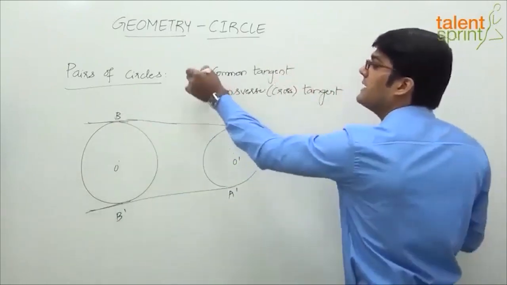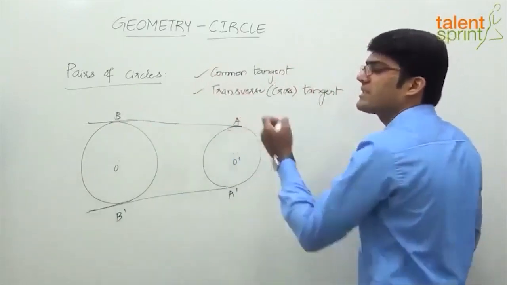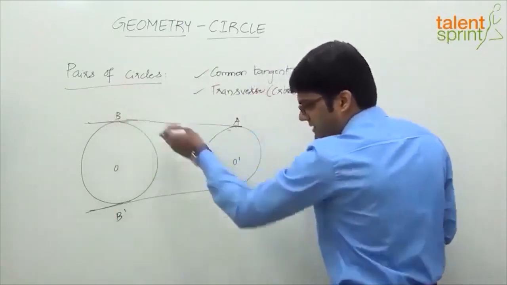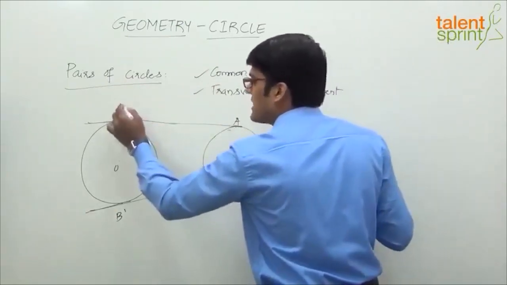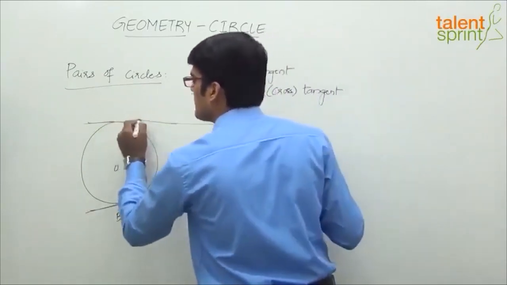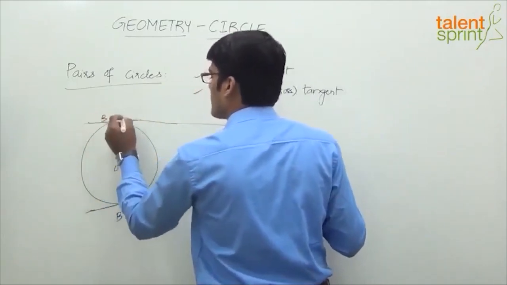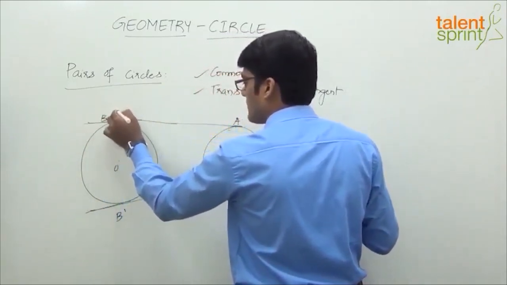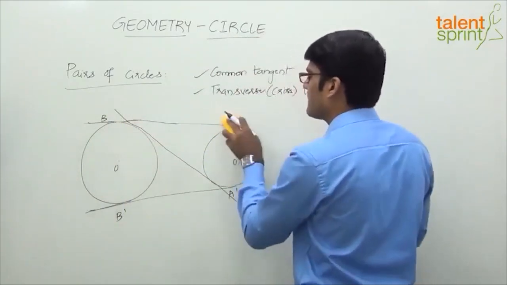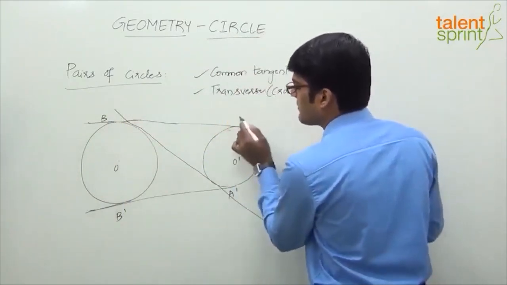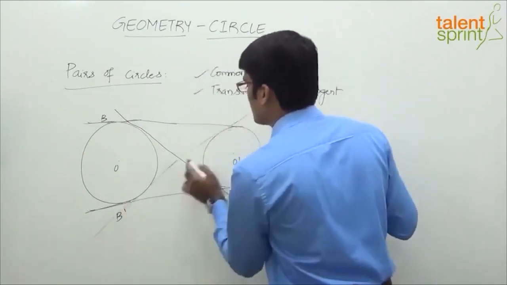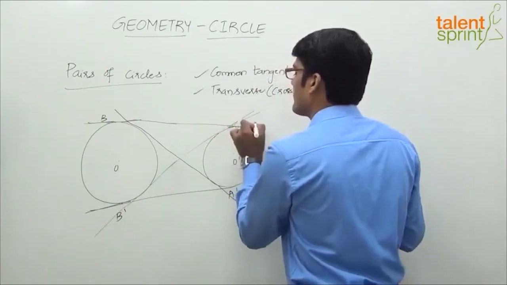Now the other category here is transverse tangents, or cross tangents. What are cross tangents? Which are, you know, not straight. I mean, these are like a cross. So there will be two cross tangents possible. You understand the point?